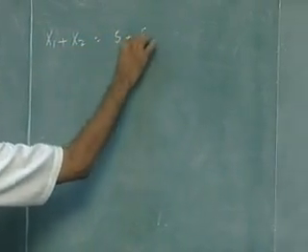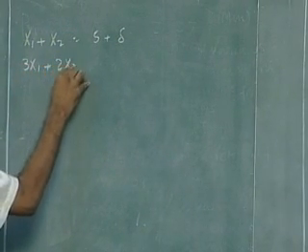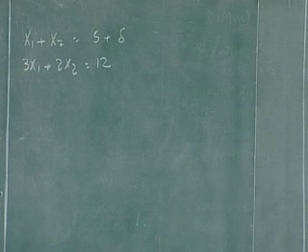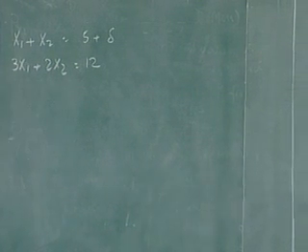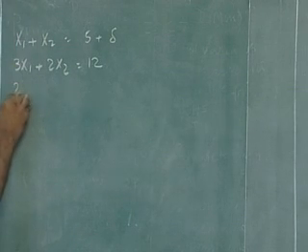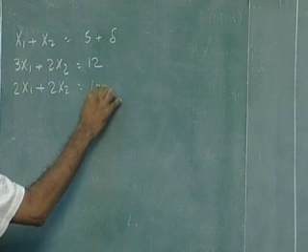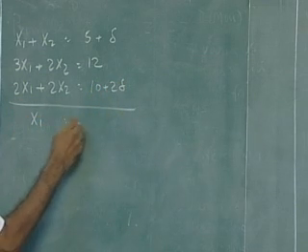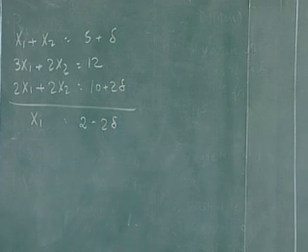So let us try to solve this for x1 plus x2 equal to 5 plus delta and 3x1 plus 2x2 equal to 12, assuming that x1, x2 will be the basic variables at the optimum. Now multiply this by 2 to get 2x1 plus 2x2 equal to 10 plus 2 delta. So this would give us x1 equal to 2 minus 2 delta.